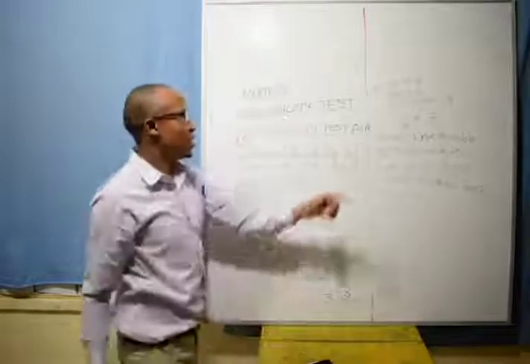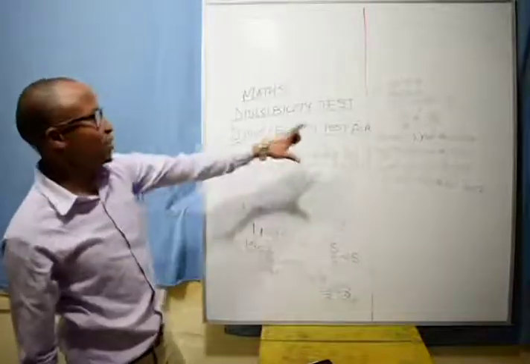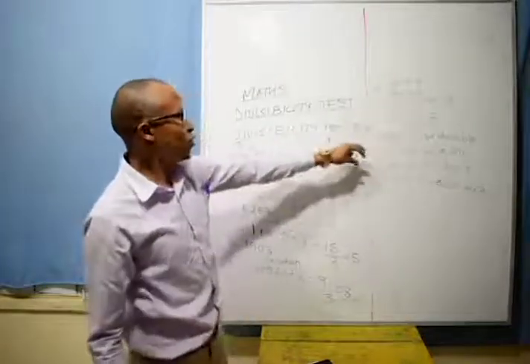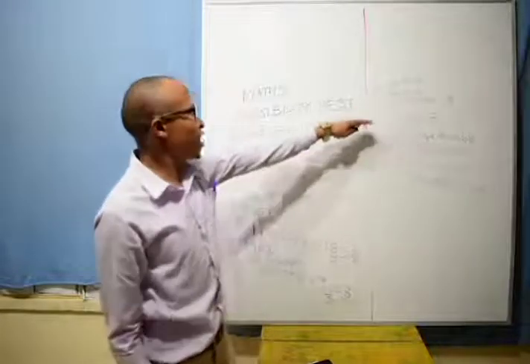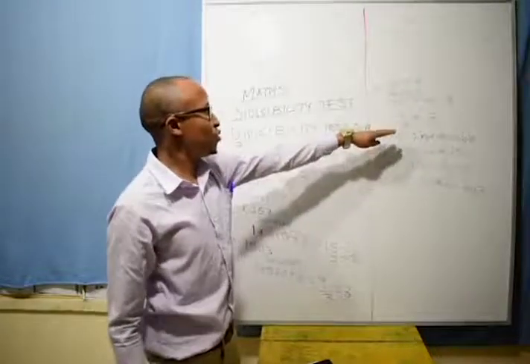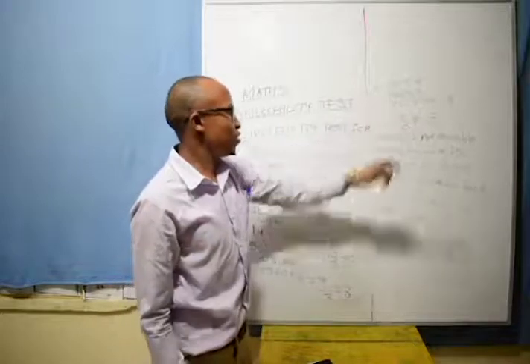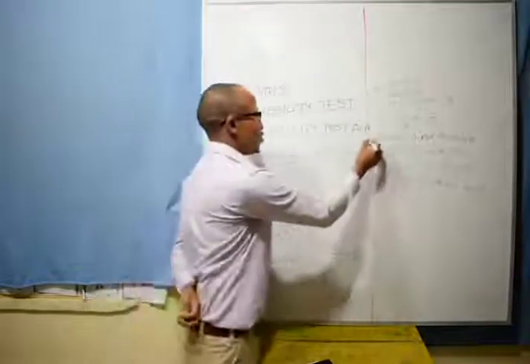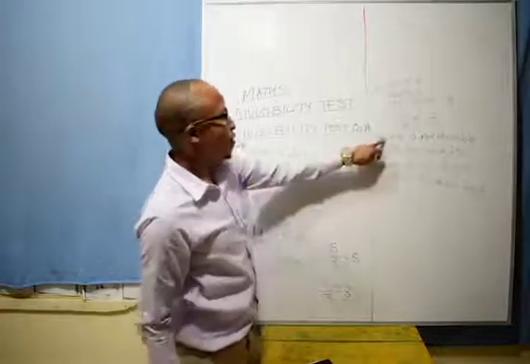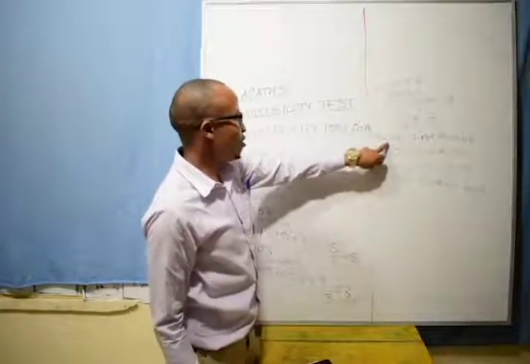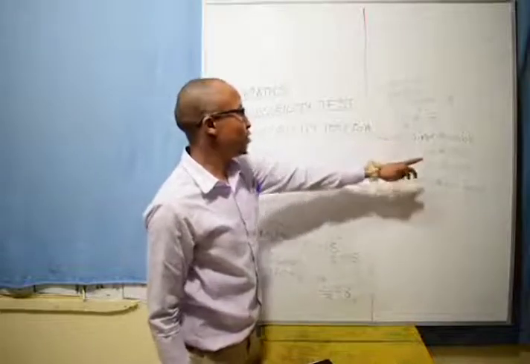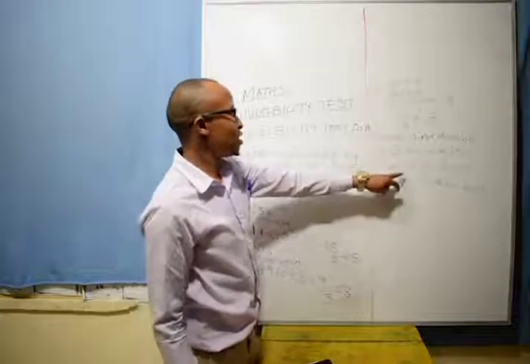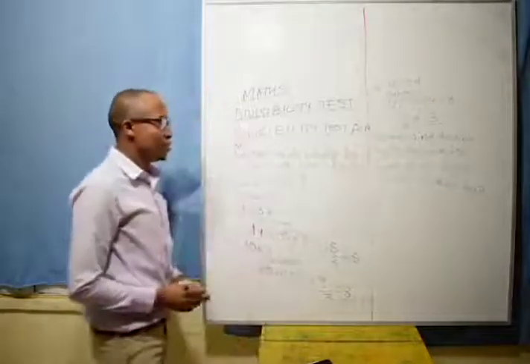That is an example where you find that a number is not divisible by 3, because if you get the sum of those digits, you get 8, and 8 is not divisible by 3. You write a statement so that you can get the whole marks: 4,004 is not divisible by 3 because the sum of its digits is not divisible by 3.